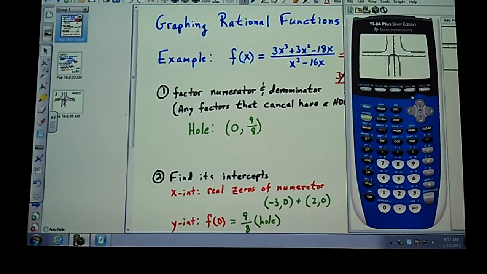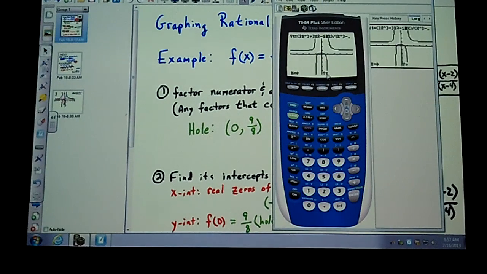Now I'll just make some notes here. If I hit the trace button and press 0 for x, notice that I do not have y being equal to anything here. That's because we have a hole in the graph. Also notice that when I hit trace and do negative 10, that's where y is equal to 3, which is where we have a horizontal asymptote.